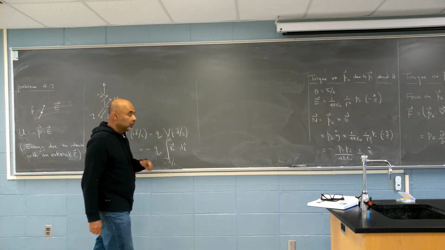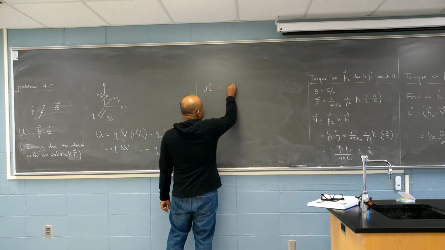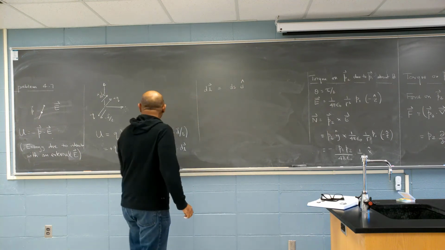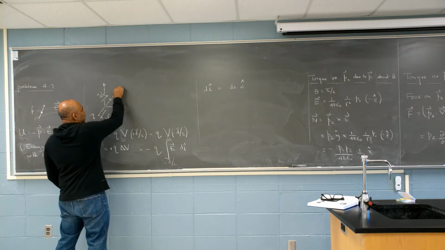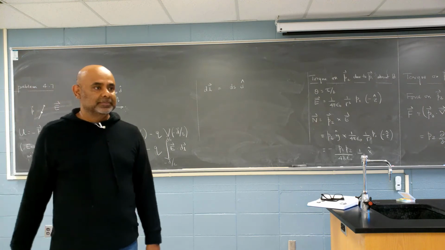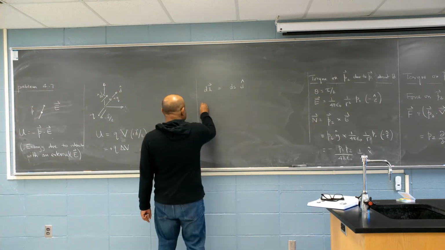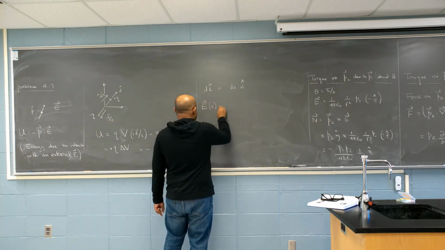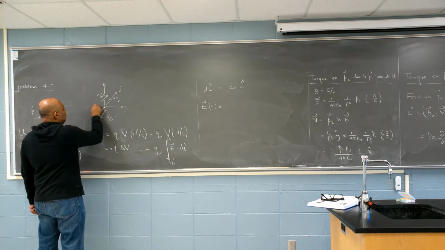first order in d. So I will write dl to be equal to some magnitude ds, in this direction of d, a unit vector in this direction. And then the electric field at any point, where this corresponds to s equals 0.